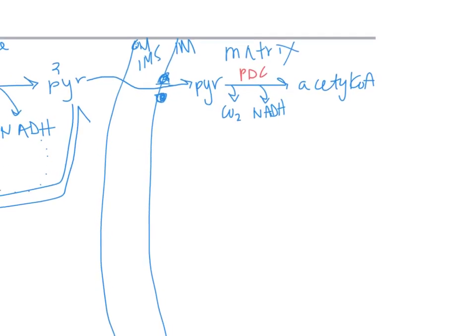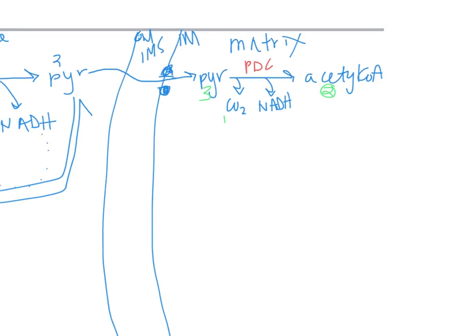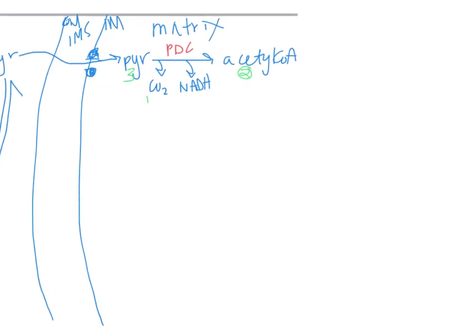Okay, so we're in the matrix. Our 3 carbons from pyruvate are now 2 carbons and 1 carbon. And the TCA cycle is going to complete the oxidation of these pyruvate molecules. So we should be getting 2 CO2s out when we do this. All right, here we go. Let's see. I'm just going to draw it all here.